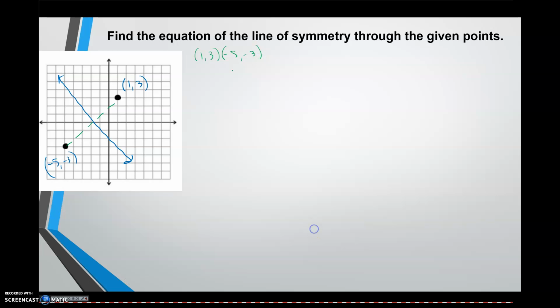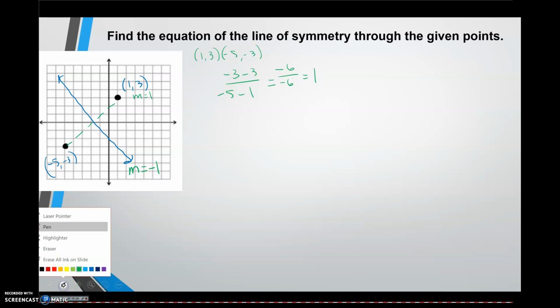So for my change in y's, I'm going to do -3 minus 3 over -5 minus 1. So I get -6 over -6, which means my line here has a slope of 1. But I want to use the opposite reciprocal. So the opposite reciprocal for my slope is going to be -1.